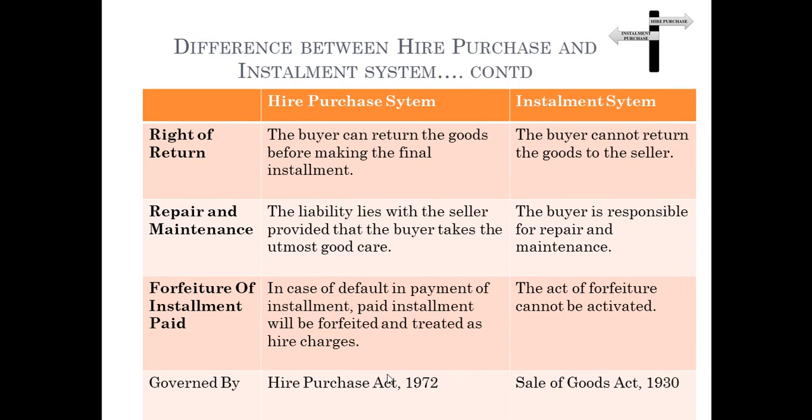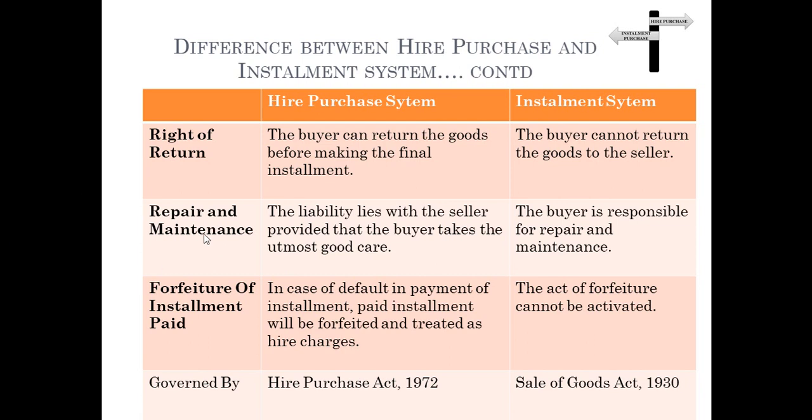Now, based on the right of return. In hire purchase system, the buyer can return the goods before making the final installment, usually by serving a notice, say 14 days before. In installment system, at any cost, once the goods are sold, the buyer cannot return the goods to the seller.